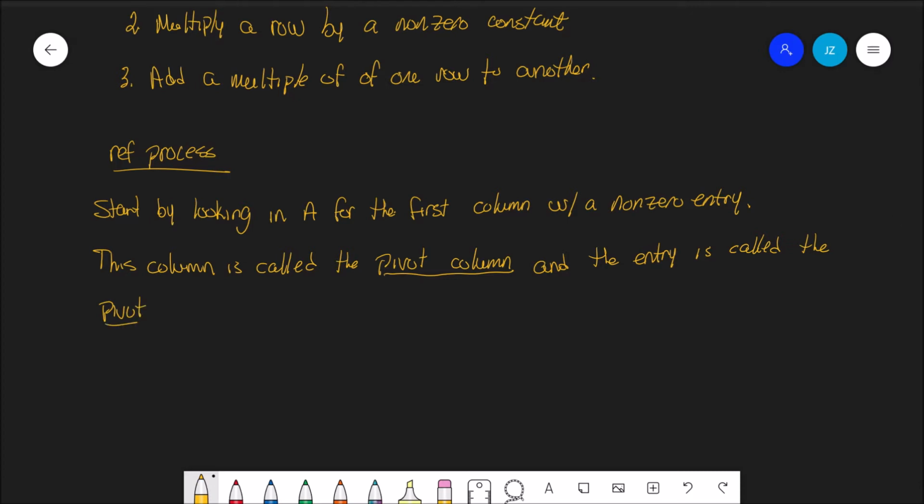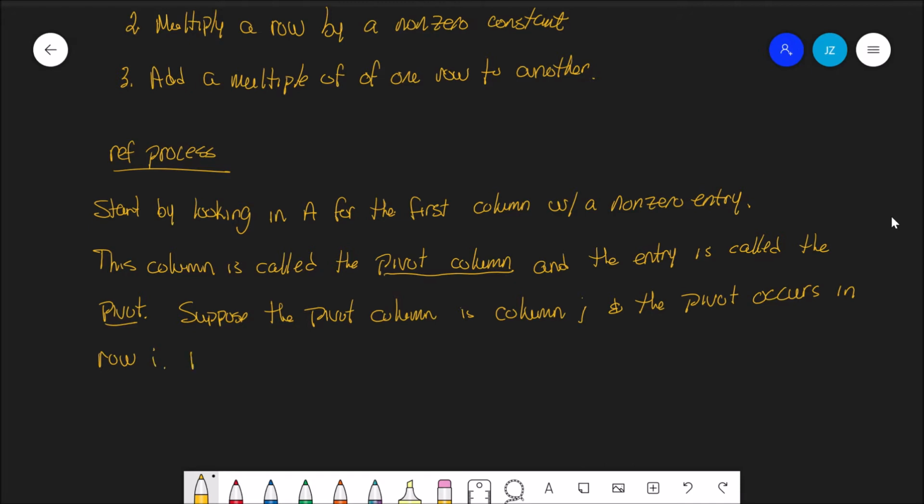What we're going to do is we're going to suppose that the pivot column is column J, and the pivot occurs in row I. Interchange rows 1 and I if necessary.